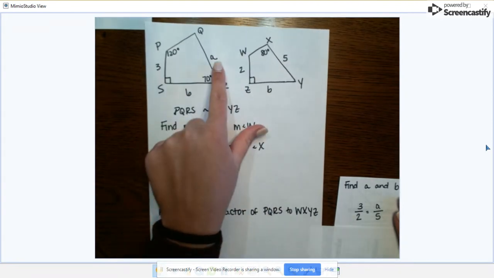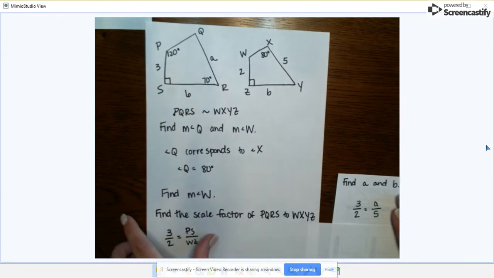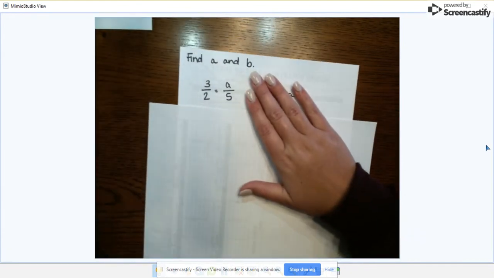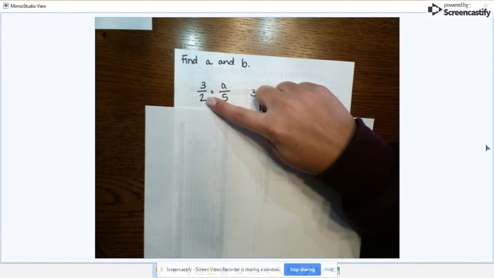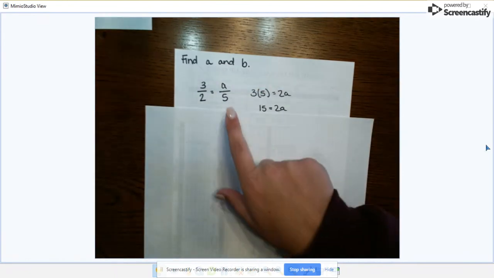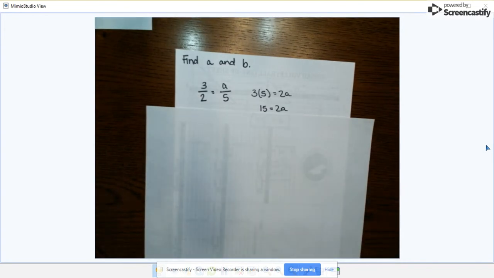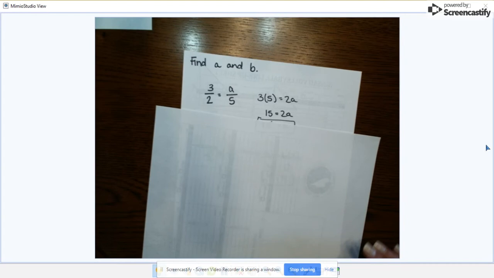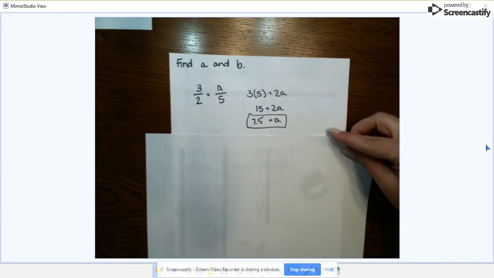The 3 and the A are in the same quadrilateral, so they have to go on the same side of our fraction. So 3 over 2 is our scale factor, A over 5 our corresponding side. So now I can cross multiply 3 times 5, and then divide by 2. So we get that A is 7.5 units long.